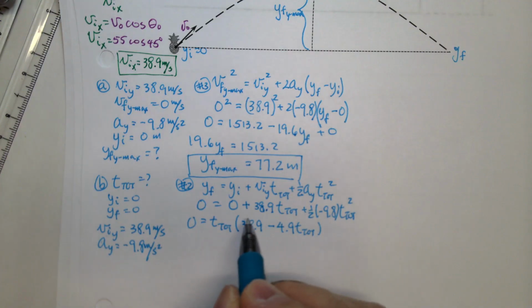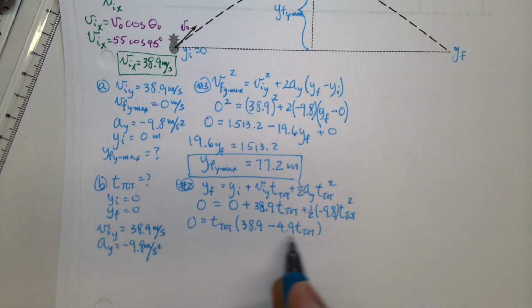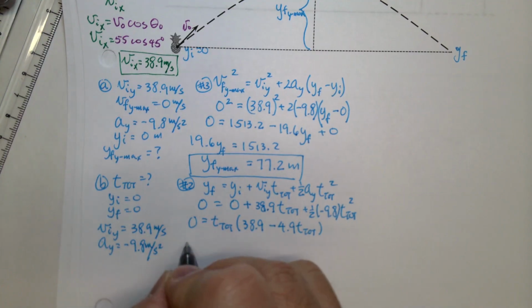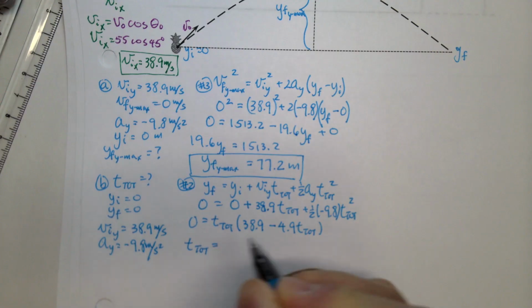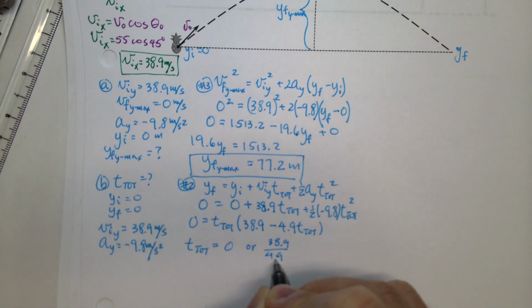Or anything inside this parentheses works out to be 0. It doesn't matter what T total is, and you still come out to be 0 because you're multiplying T total by 0. So my T total is equal to either 0 or this right here, 38.9 over 4.9, right?